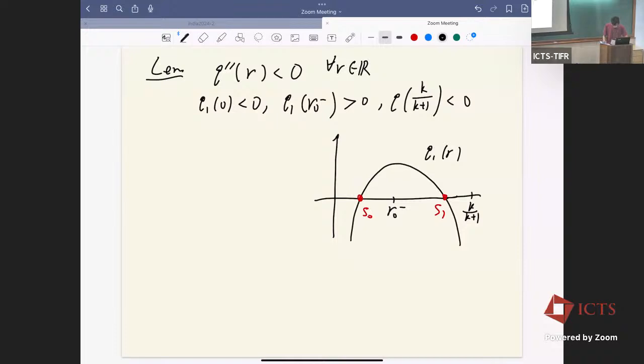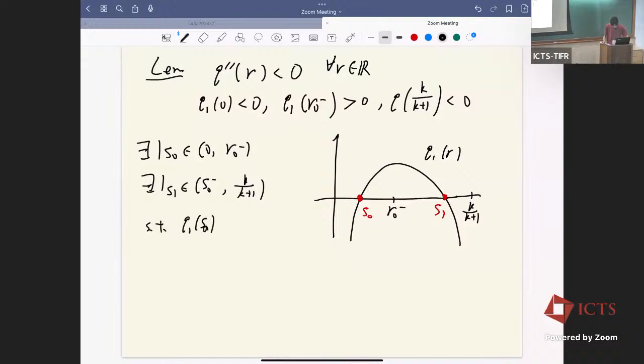And thus, unique S0 R and S minus. Unique S1. After that, Q1 S0 equal to Q1 S1 equal to zero. Okay.